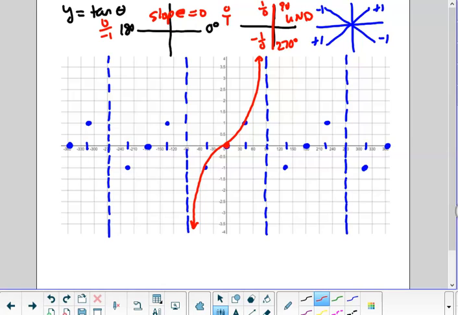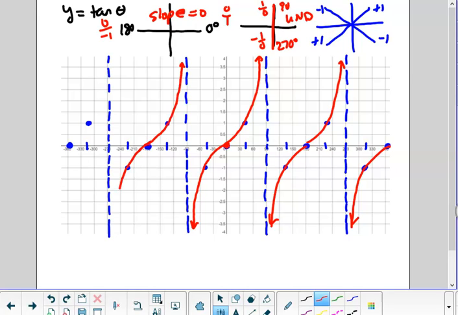The cubic graph will continue to get wider and wider, but the asymptotes keep the tangent from getting any wider than negative 90 to 90. So curve down below the axis, curve up above the axis. One of the most elegant graphs in math, I think, is the tangent graph. Absolutely beautiful.